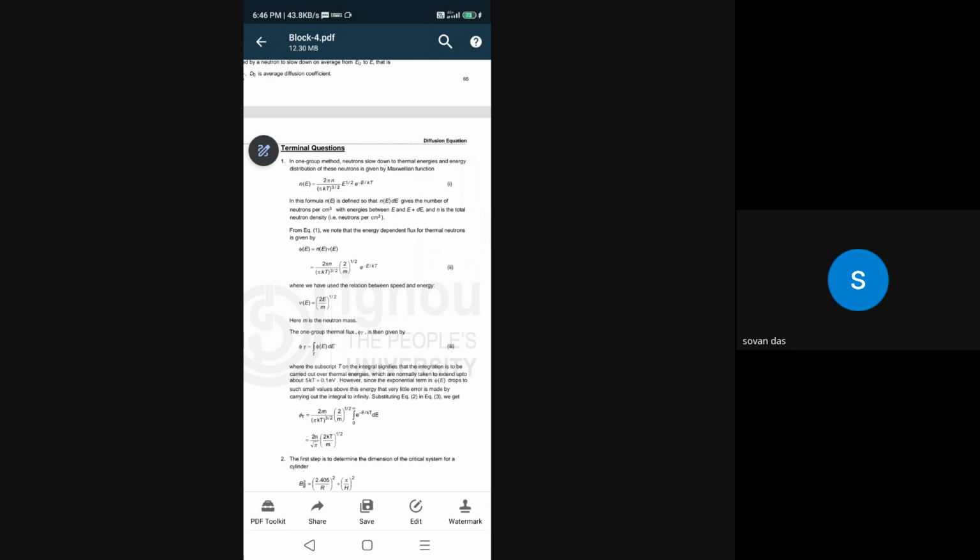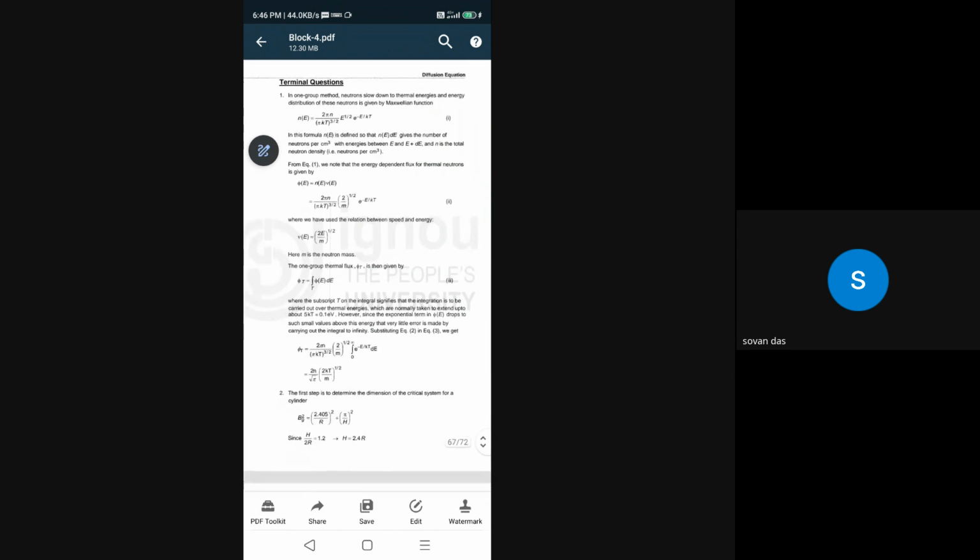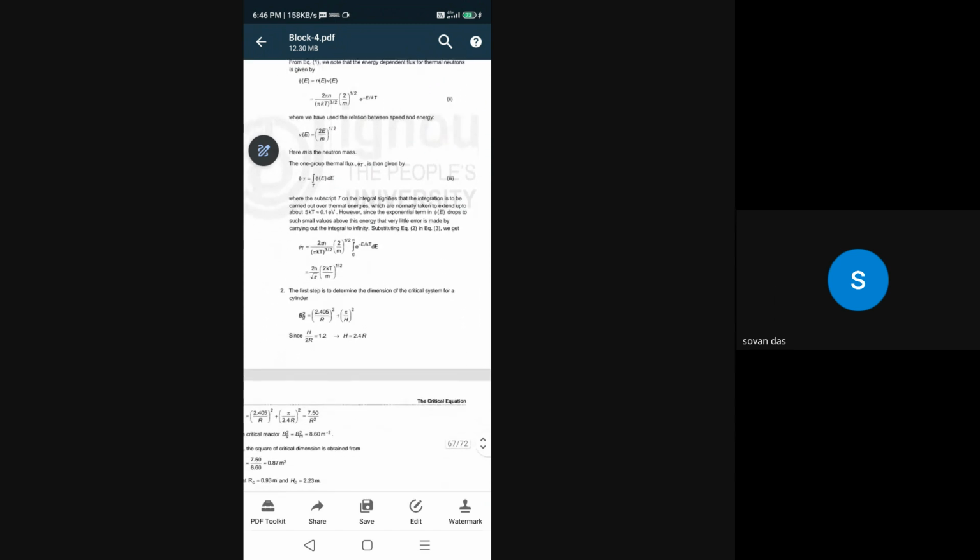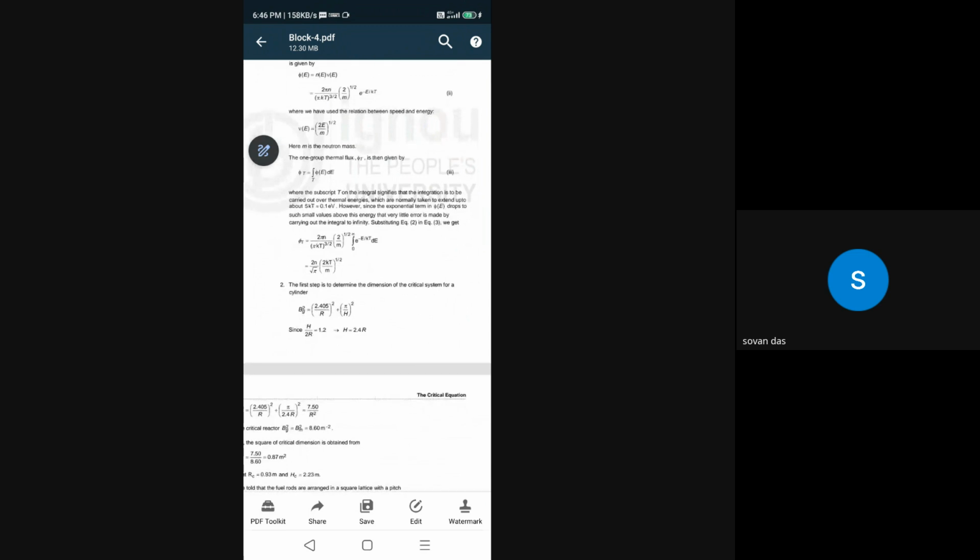So one group thermal flux phi_T is then given by phi_T is equal to integration over thermal energies of phi dE. So the T on the integral signifies that the integration is to be carried out over the thermal energies, which are normally taken to extend up to 0.1 eV, which is equal to 5 kT.